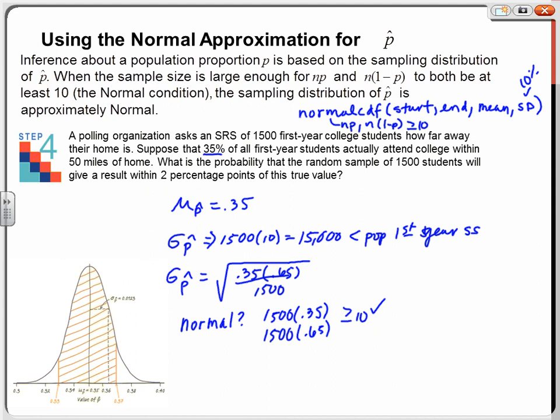So what's the question now asking for? It wants to know that it's within 2 percentage points of the 0.35. So I'm going to do a normal CDF, and where would I start? What's 2 percentage points below 0.35? That would be 0.33, and 2 percentage points above 0.35 would be 0.37, and then my mean, and then my standard deviation.